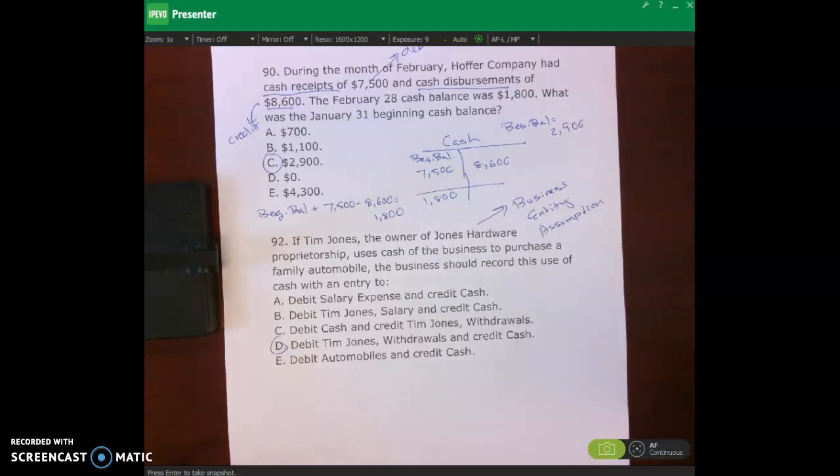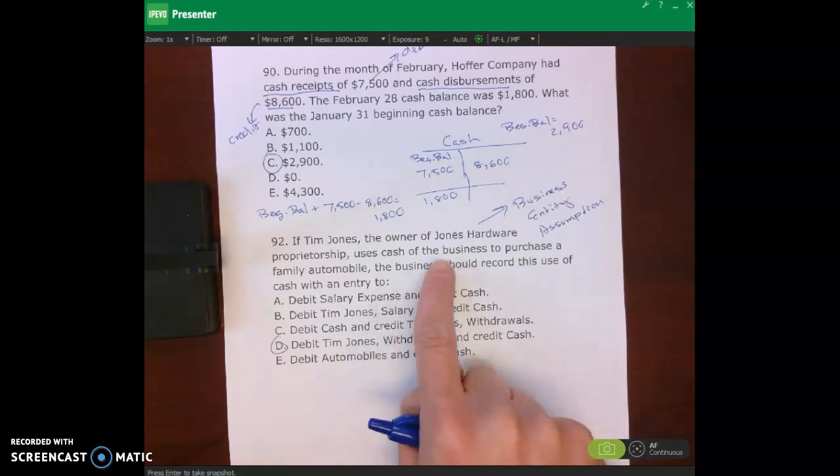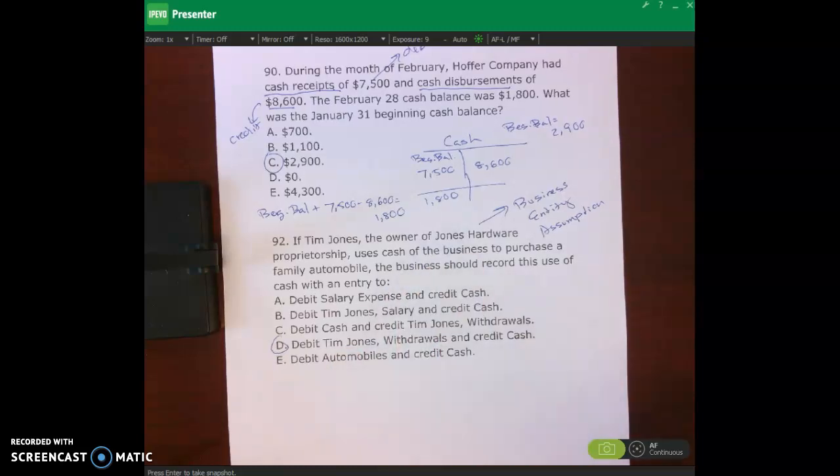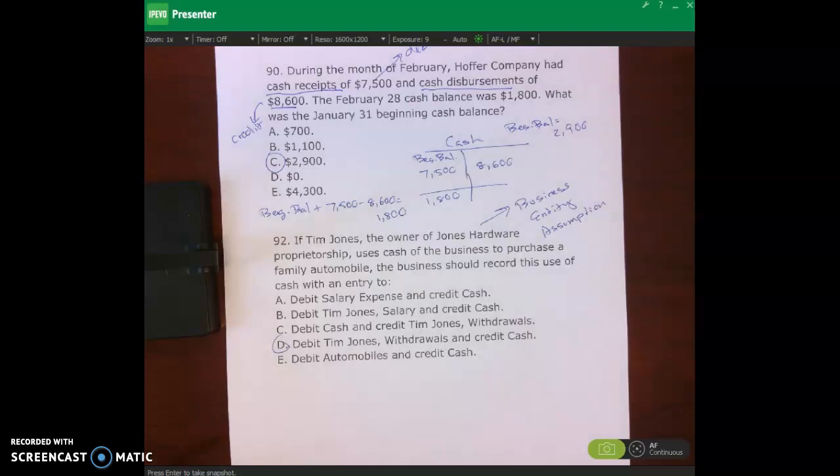Remember, the business entity assumption, from the chapter 1 lecture videos, says that you have to account for the records of the owner separately from the records of the business. So if Tim Jones is purchasing a family car, he has to withdraw money out of the business checking account and put it into the personal checking account. So this is really owner withdrawals.